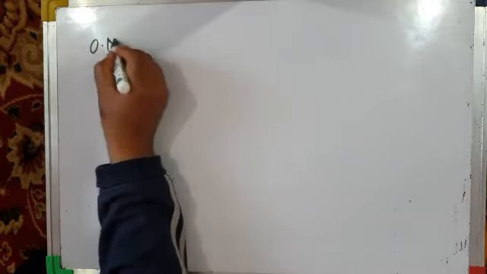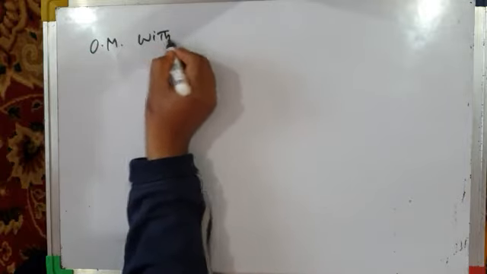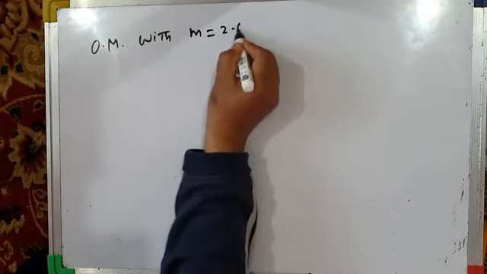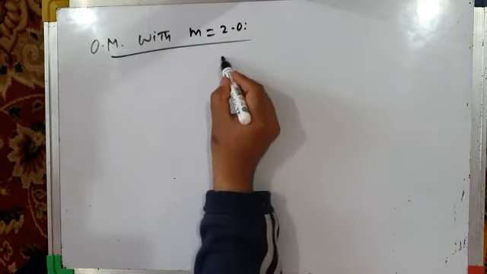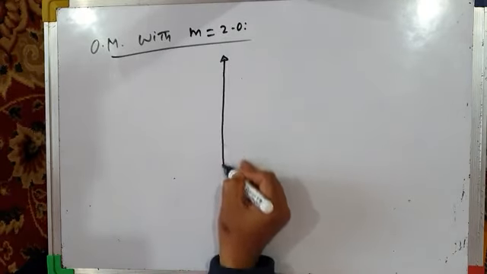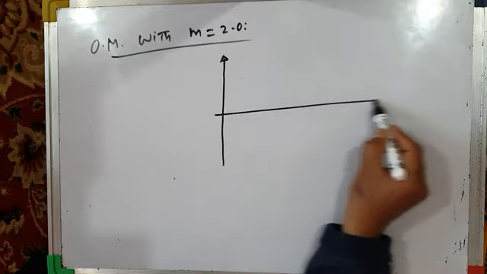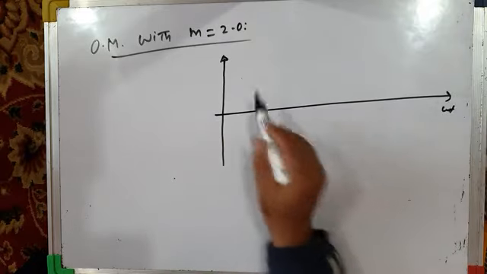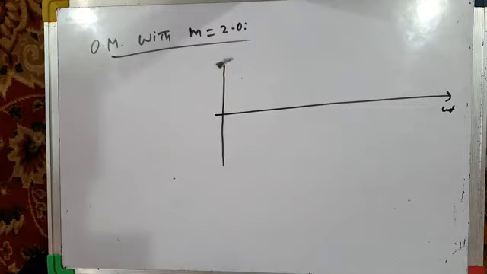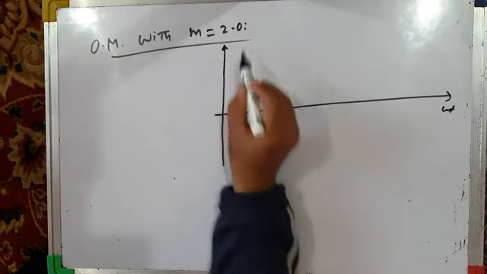Let us take over-modulation with m equal to 2.0. The three-phase reference signals, or three-phase sinusoidal modulating waves, will be something like this.